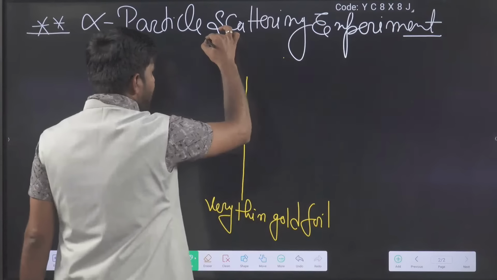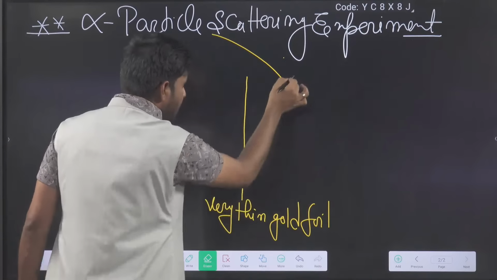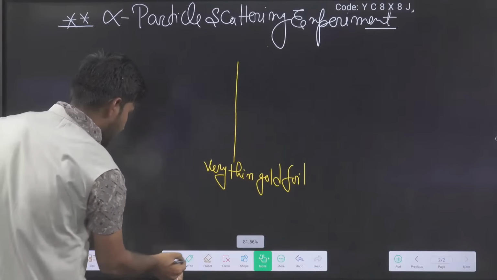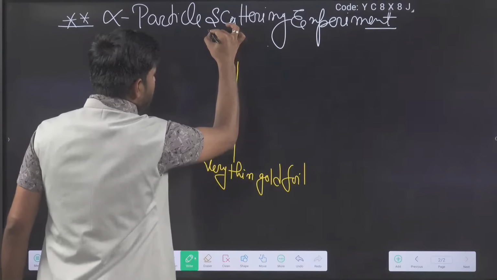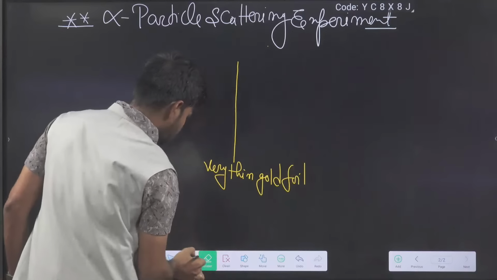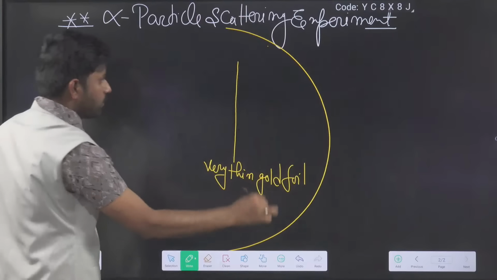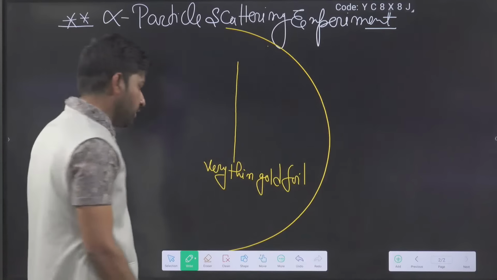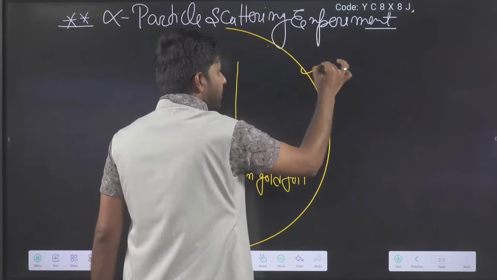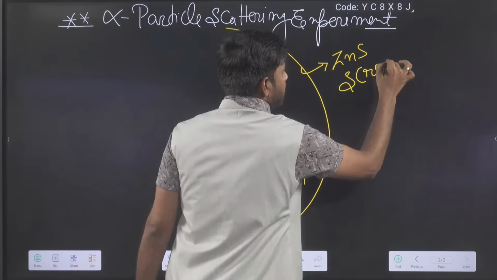And behind that gold foil, he arranged one screen, a ZnS screen, you can say. Zinc sulfide is applied inside it. I can say a ZnS screen.